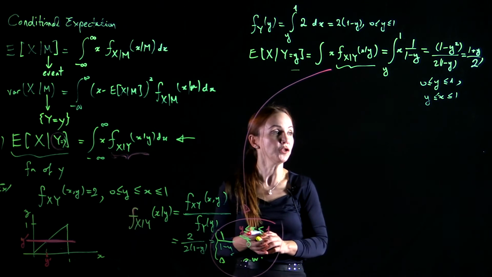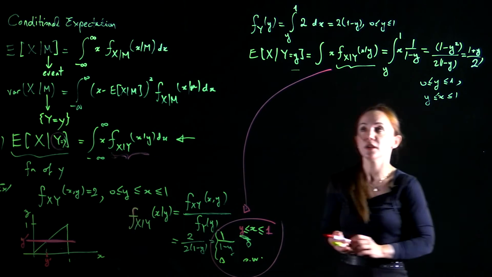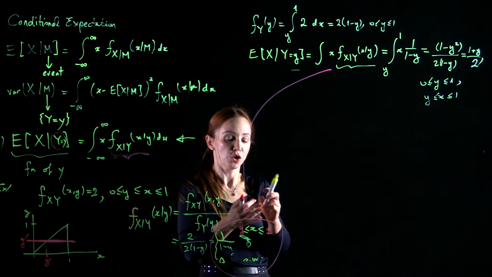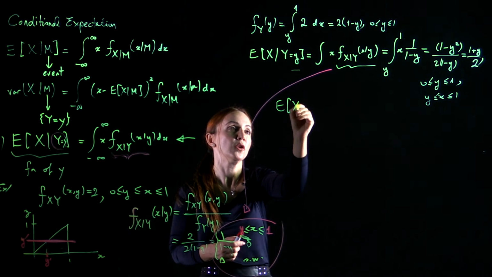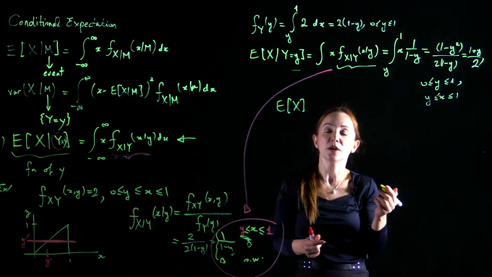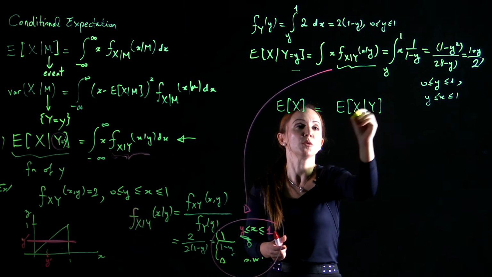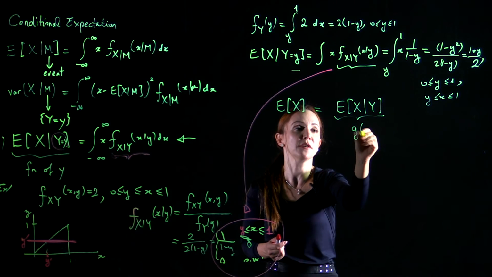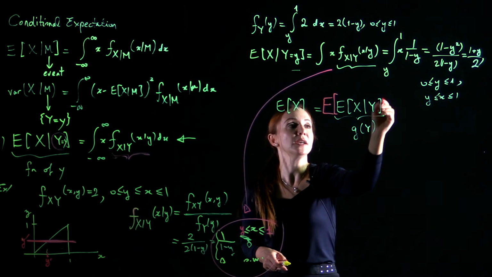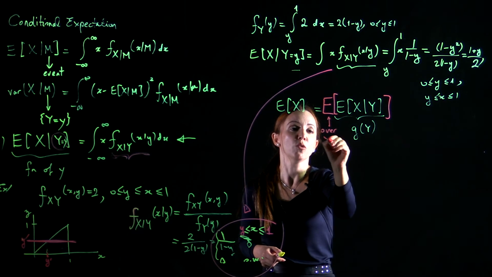Now, in general, if we wanted to compute the expectation of x, we could, in fact, use the conditional expectation by first computing the expectation of x given the random variable y and representing this as a function of y, and then computing the expectation of this function over the distribution of y.